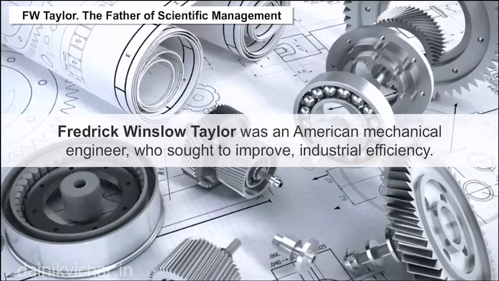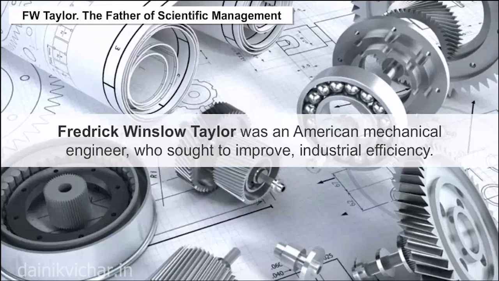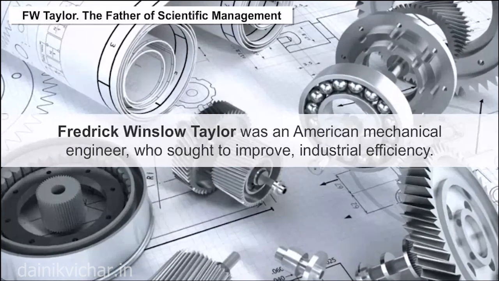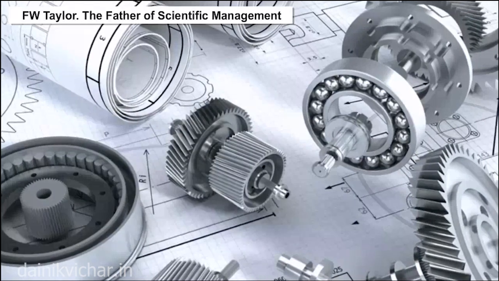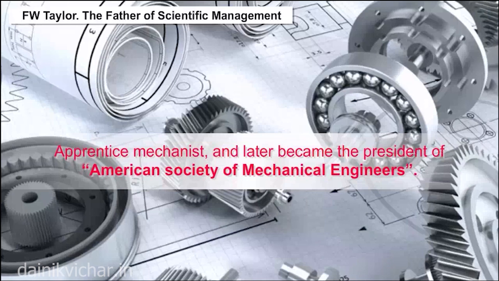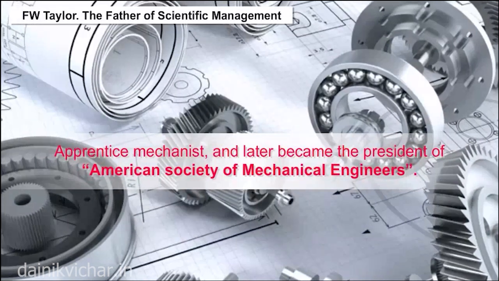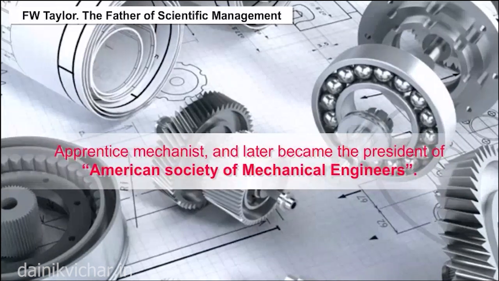Frederick Winslow Taylor was an American mechanical engineer who sought to improve industrial efficiency. In 1874, he started his career as an apprentice mechanist and later became the president of American Society of Mechanical Engineers.